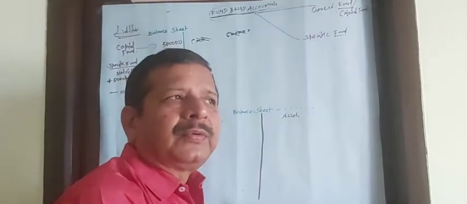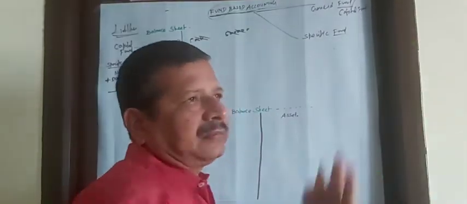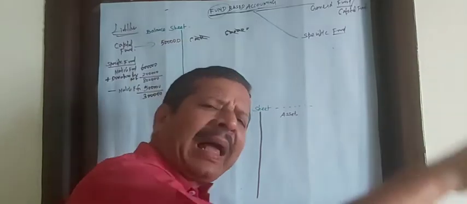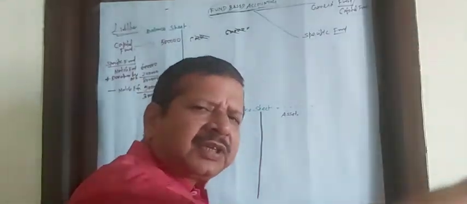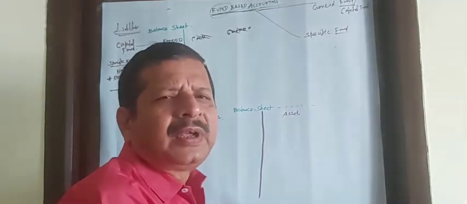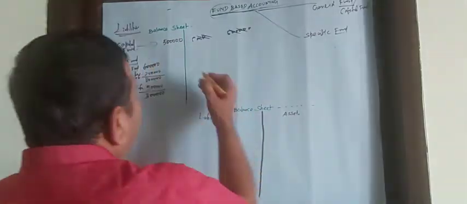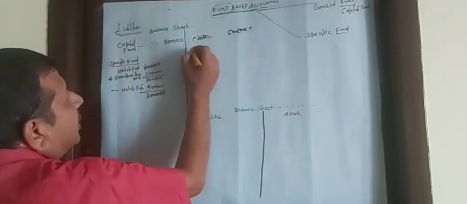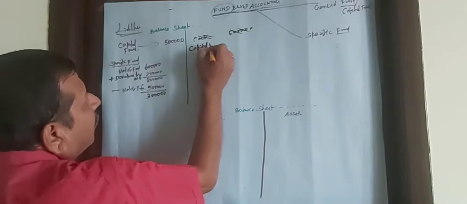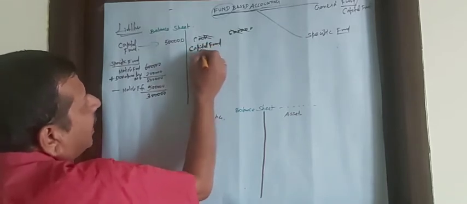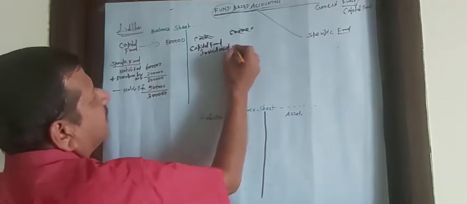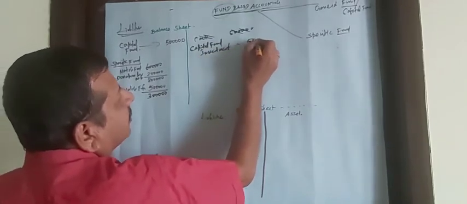If you put the money in outside sources, in the bank, or you might have purchased a share, or a debenture, or any investment if you buy, that is called the capital fund investment, 5 lakhs.